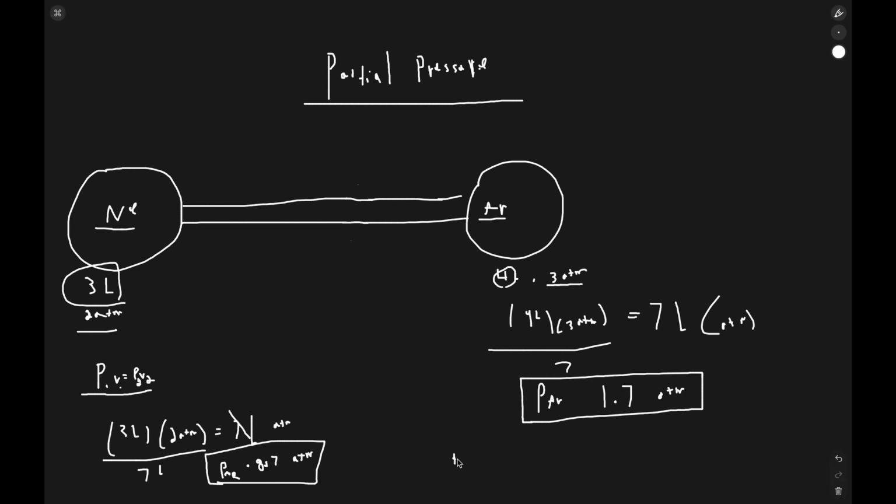So the total pressure is 1.7 plus 0.857, and we get a total of 2.57 atmospheres of total pressure. So pretty straightforward.